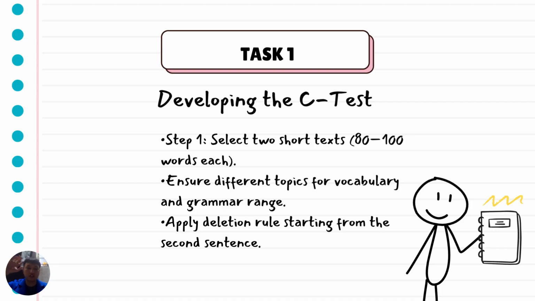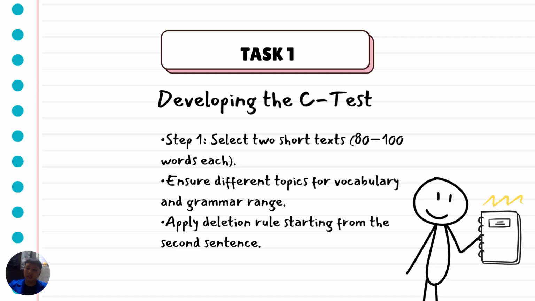For task one, developing the C-test. To make the C-test, we first pick two short texts, and each one has around 80 to 100 words.